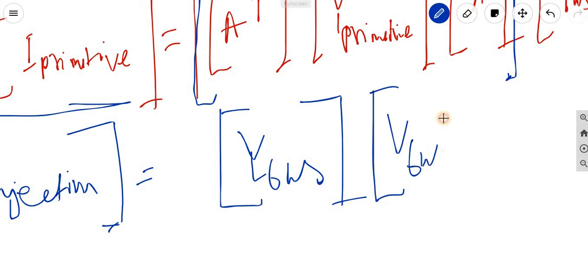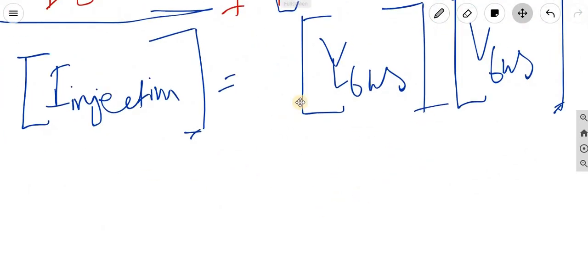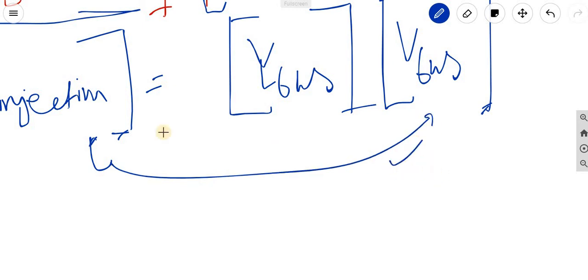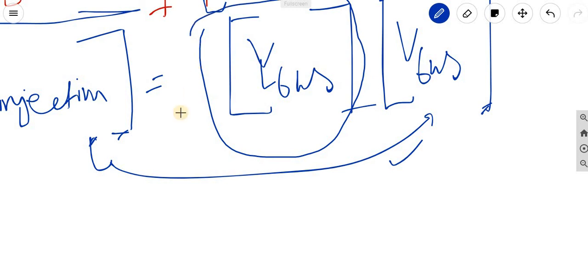So as we know the relationship for the Y bus matrix, admittance bus matrix, this is the injection current, and this is the bus voltage. If you create a relationship between the injection current and bus voltage, this matrix is the Y bus matrix.